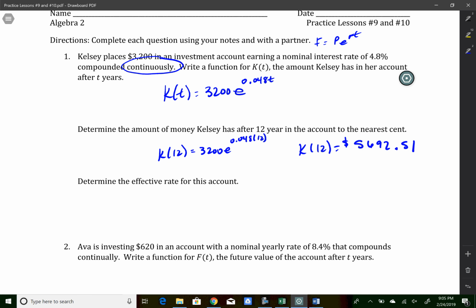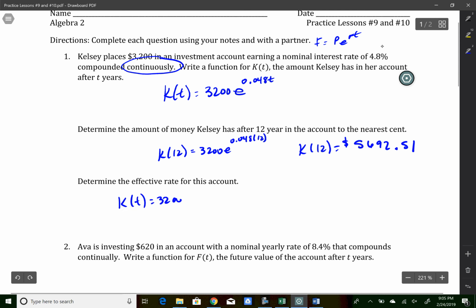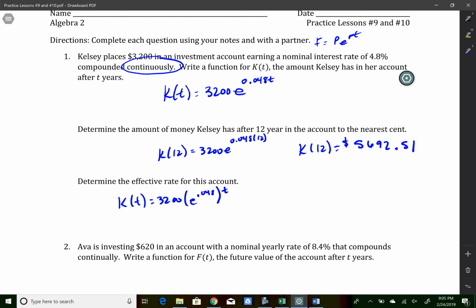The next part says to determine the effective rate for this account. So we want to change this so that the exponent is just t. I'm going to rewrite Kelsey's equation here, but I'm going to put in parentheses e to the 0.048 all to the t power, just separating the decimal and the variable t.